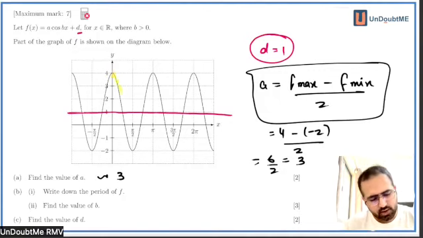Just imagine that you are tracking the whole graph, and when are you going to get the same value again? You have to go till there. I stopped at that point because I'll be getting the same value at that point. So that completes one cycle of the graph. Now it is being done in how much distance? That will be the period. So what is the period of this graph? Pi. Is everyone clear with it?